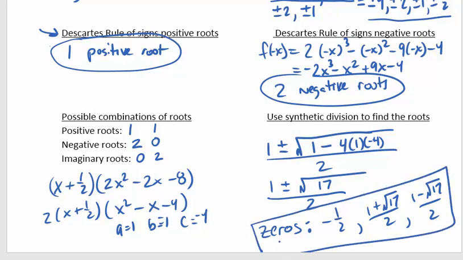Now let's look back and see which combination that was. So it's right here was the combination that we ended up having. Notice we had one positive root, which is right here, and then we had 2 negative roots. This is a negative number, and here if I subtract the square root of 17 from 1, it will end up being negative as well.